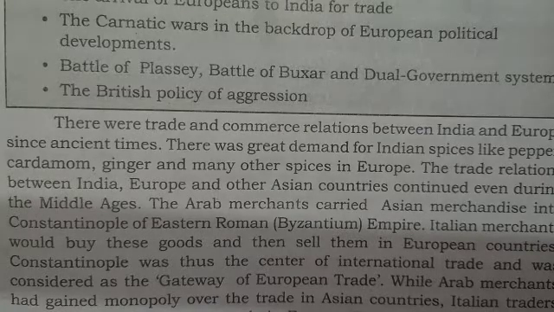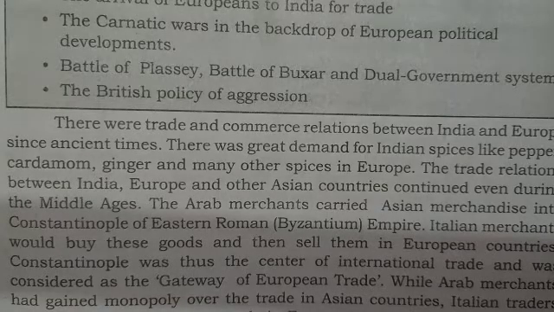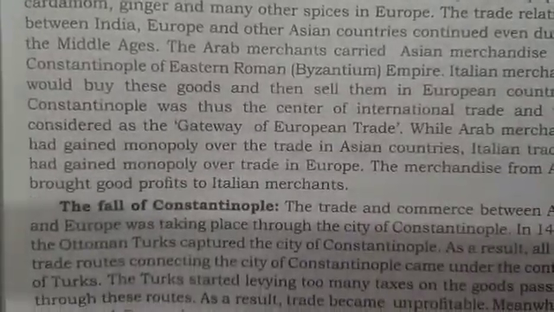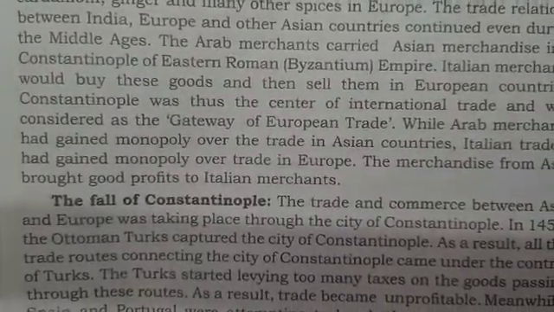Constantinople was a great gateway of European trade, where goods were transferred between India and Europe. So what happened here was the fall of Constantinople.